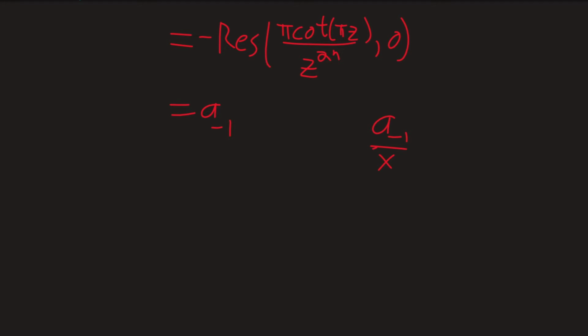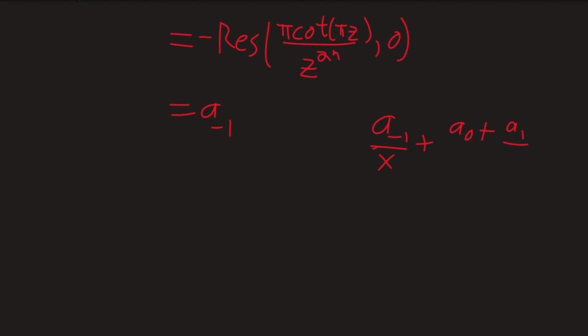But in a Laurent series, essentially what it is is this right here: a negative 1 over x. It's an extension of a Taylor series of a function, but around one of its asymptotes, I believe, or poles. Pardon me.